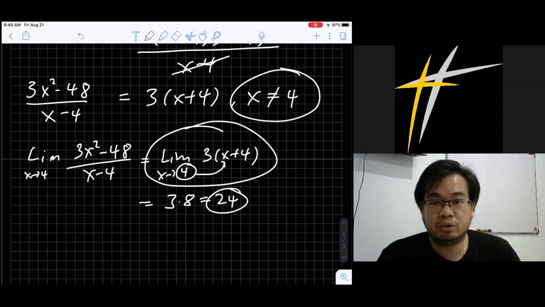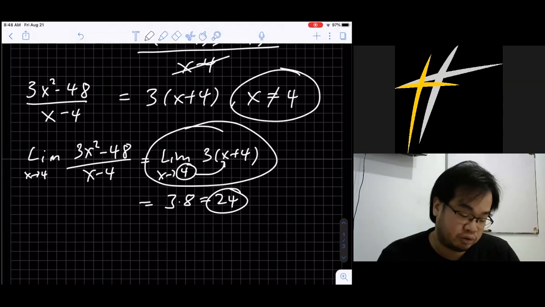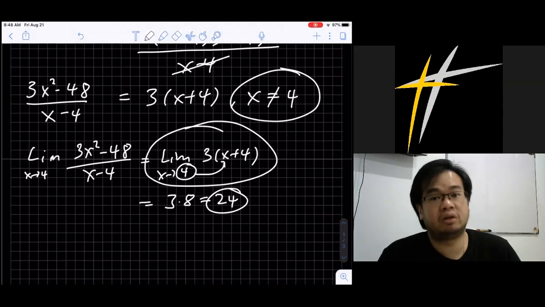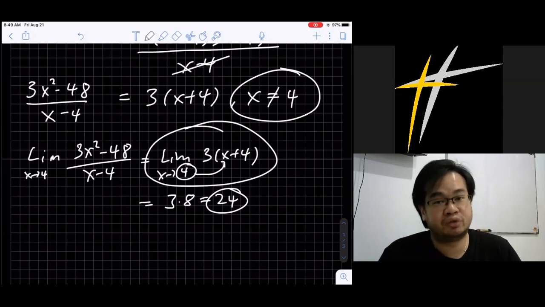What we are trying to do is find what number the function approaches as x approaches 4. So in this case, we can substitute x equals 4 because x is not really 4, but approaches 4. That's why it is allowed when we are talking about limits: x approaches 4 instead of x equals 4.